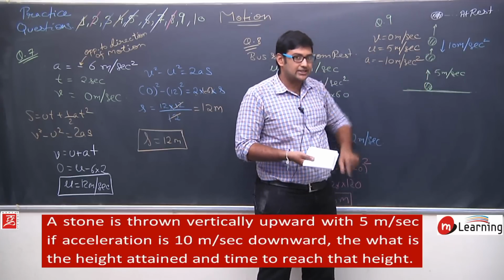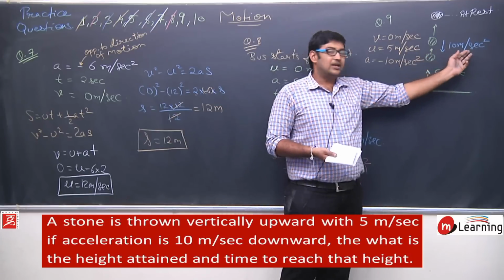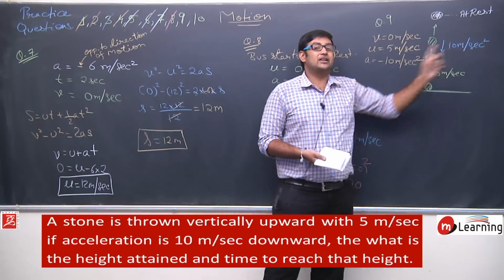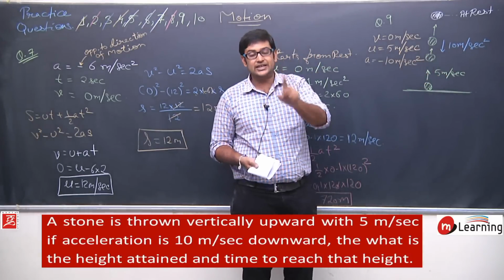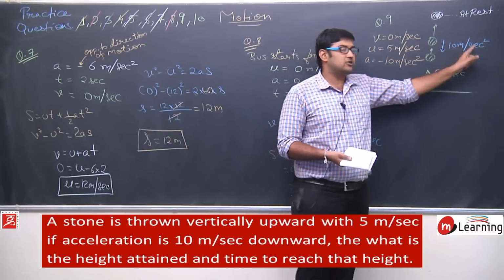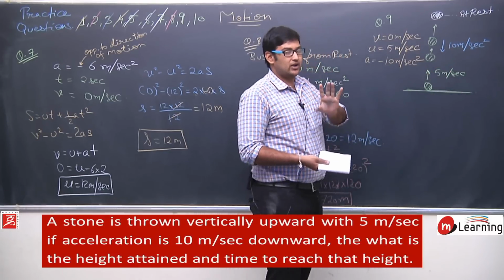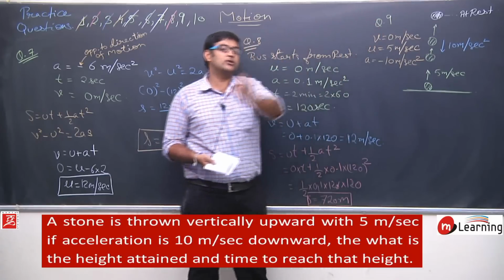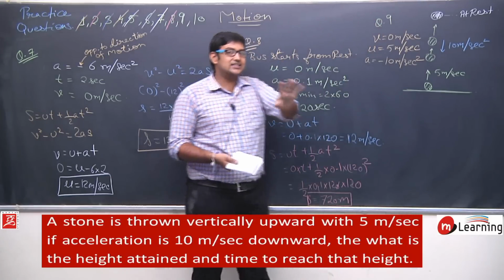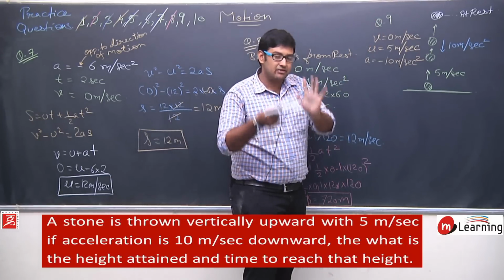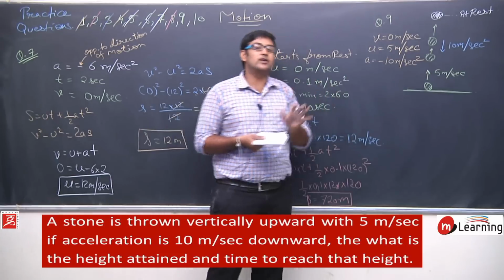In the whole process, this acceleration due to gravity is not going to change. It will remain 10 meters per second square only. It will not increase or decrease, and neither will its direction change. Its direction will remain the same, that is downwards.